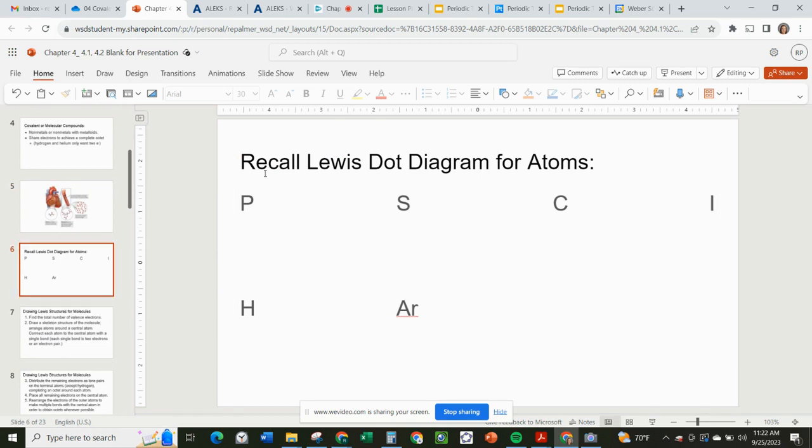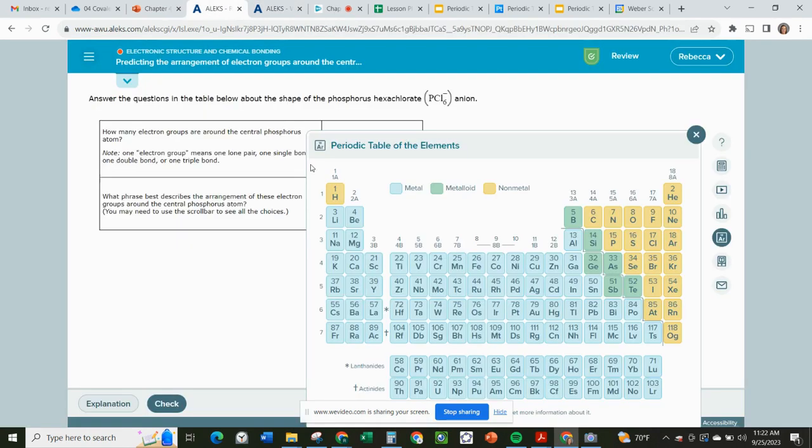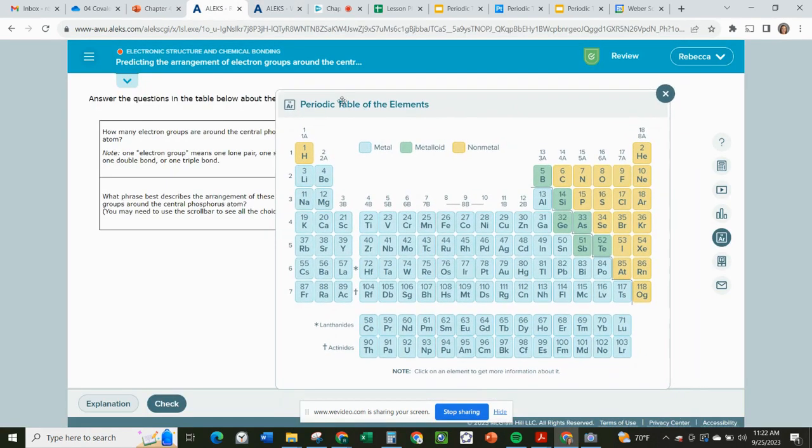Okay, so we need to remember how to draw Lewis dot diagrams for atoms. The first thing that we need to do is look at the number of valence electrons around each of these elements. I think the easiest way to do that is to look at this periodic table and remember that as we move across the periodic table, skipping the transition metals, we can just count how many valence electrons there are.